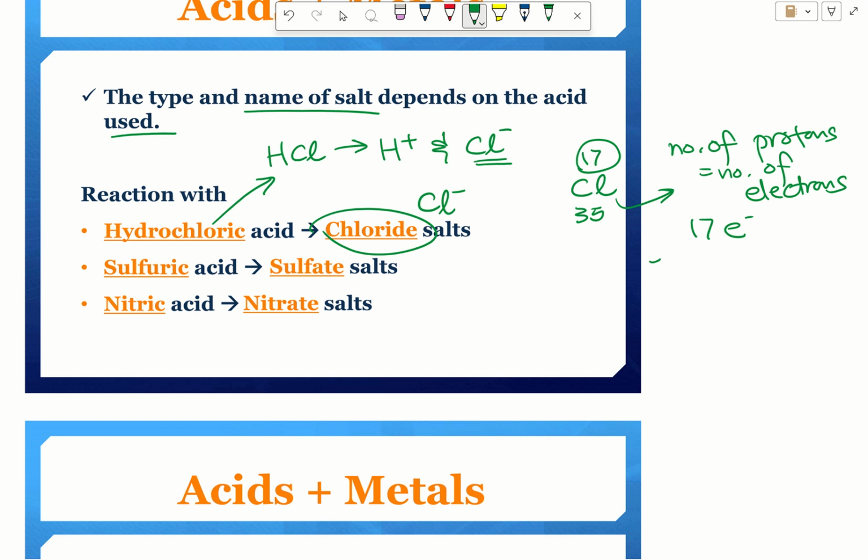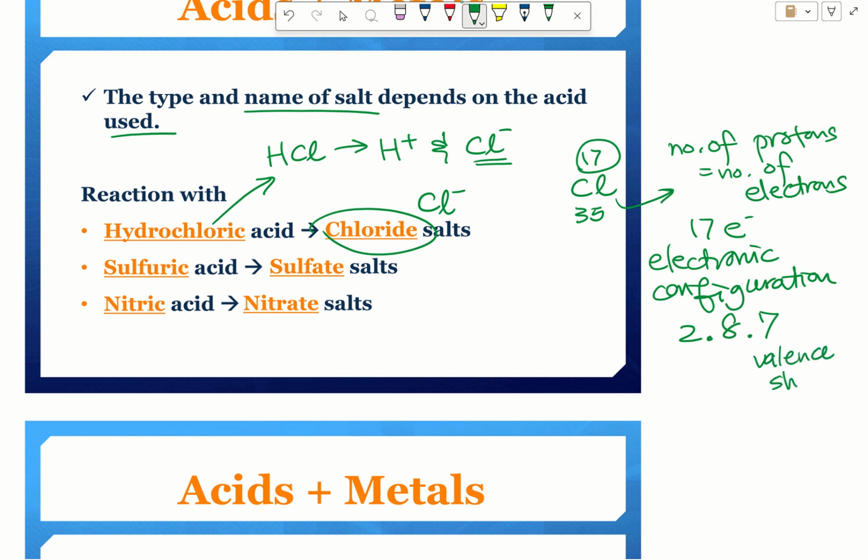That means I can write down the electronic configuration. Remember the first shell can only accommodate 2, followed by 8, which is a full shell, and lastly we only have 7 electrons left in the valence shell.